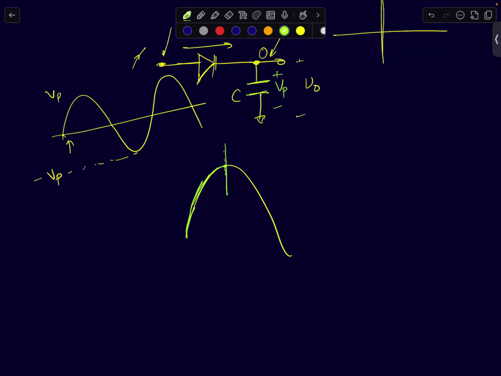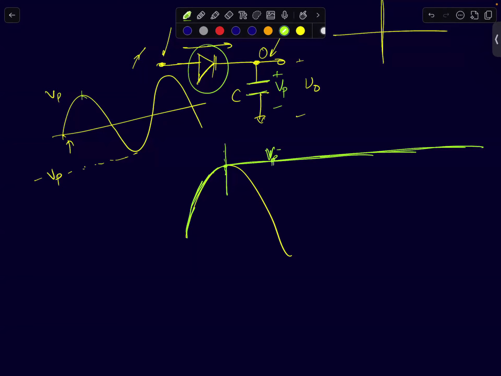Now, suddenly after this point, your input goes slightly lower than Vp. The instant your input goes slightly lower than Vp, the diode is cut off. Once your diode cuts off, your output voltage has no path to either discharge or charge. So it will stay constant, always at Vp volts.